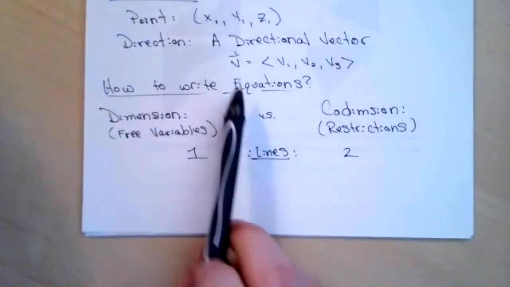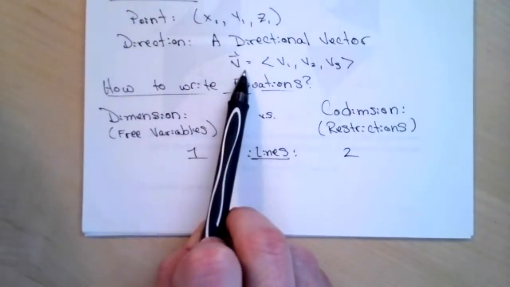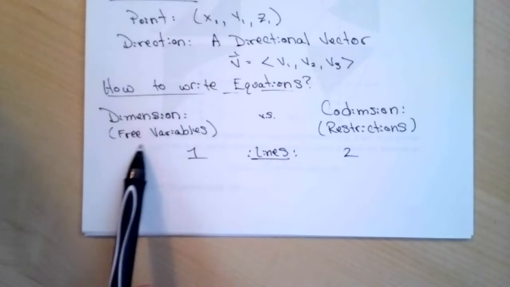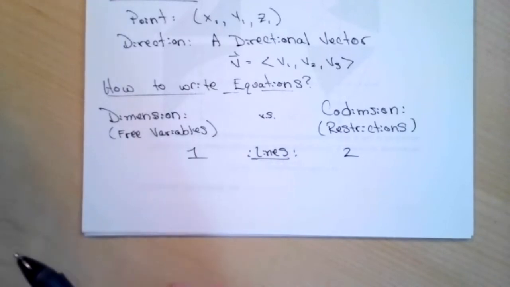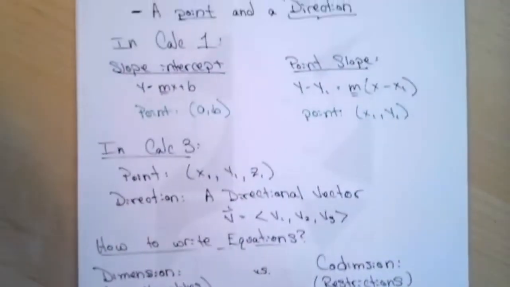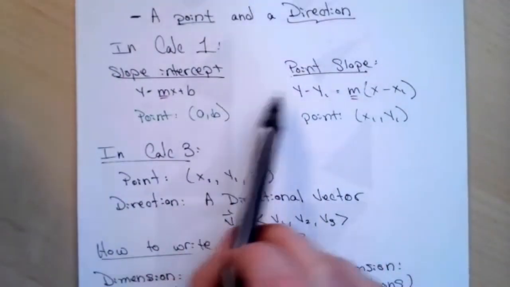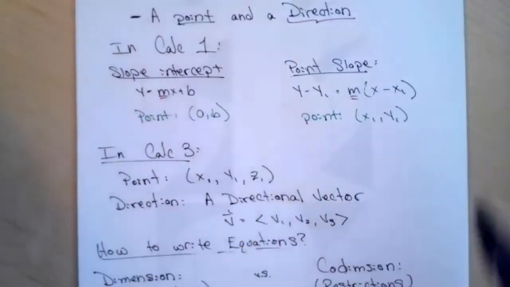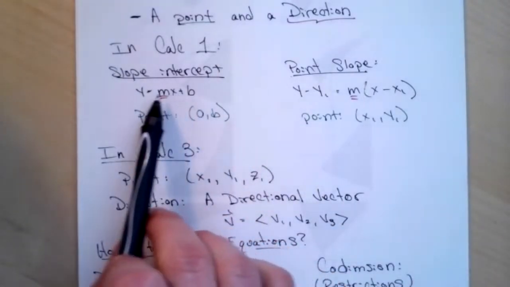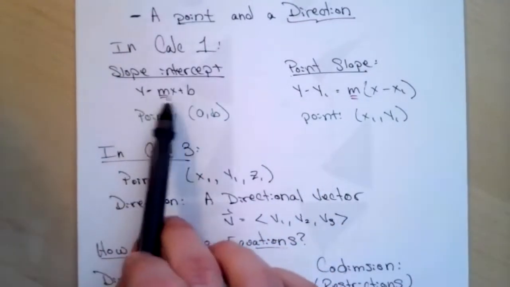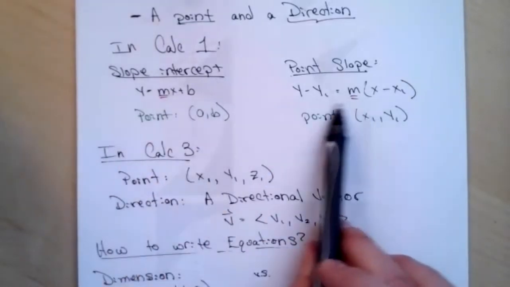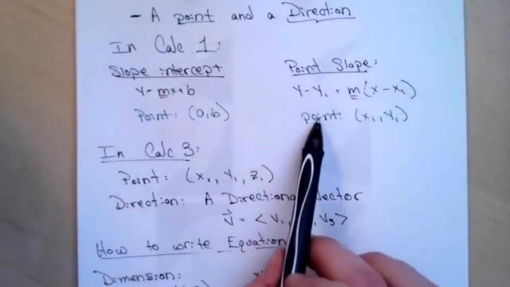So we have a directional vector, and what we're going to have to do is we cannot write it as one given equation. This is our problem with going from a 2-dimensional space or 2 variables into 3. Because in 2 variables, I can write one equation that relates those 2 variables that will give us a line.